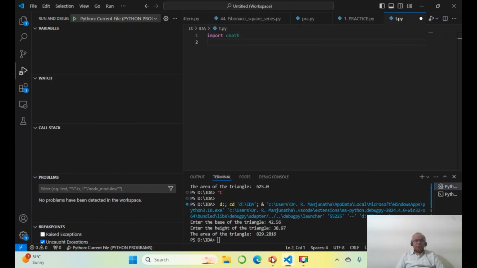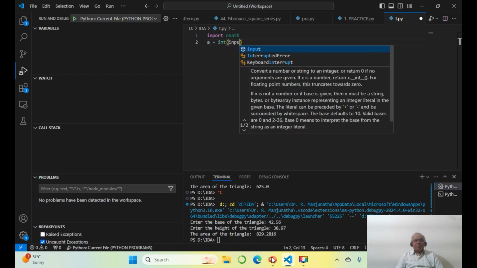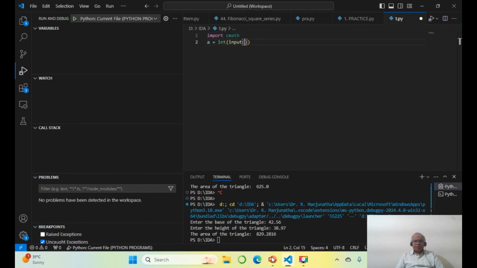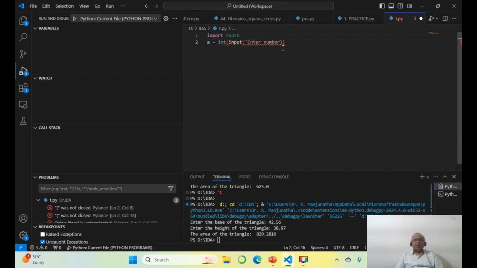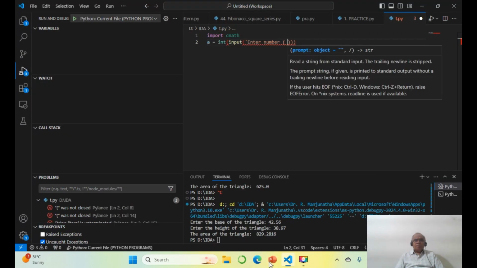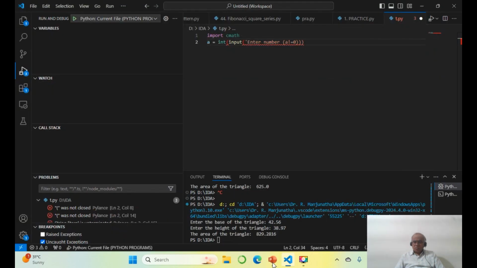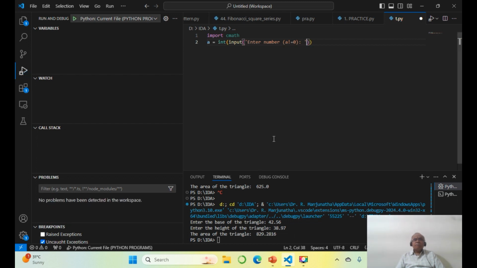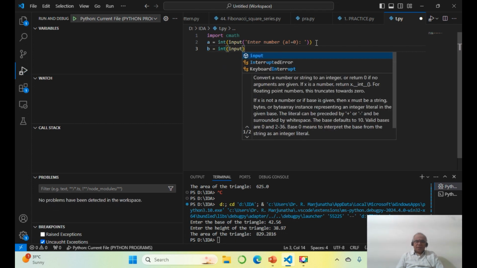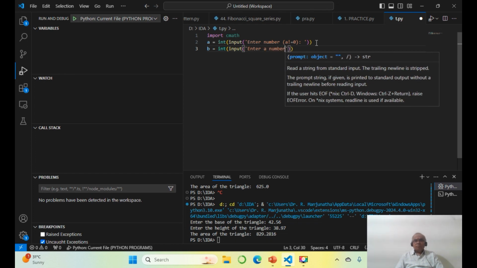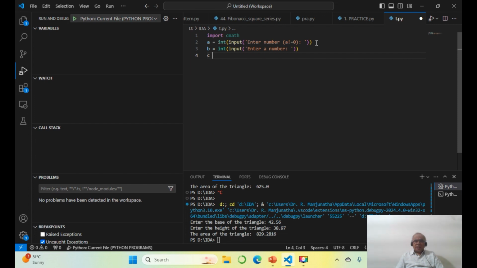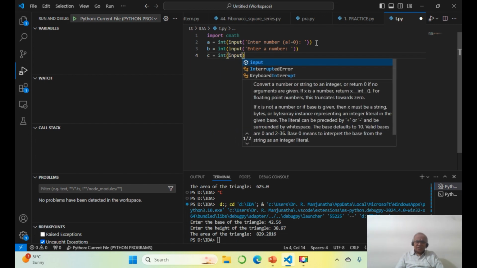Then a is equal to int input, enter number, a is not equal to 0, colon, give space, close the code. b int input, enter a number. c int input, or enter the number, whatever you want you can write within this.